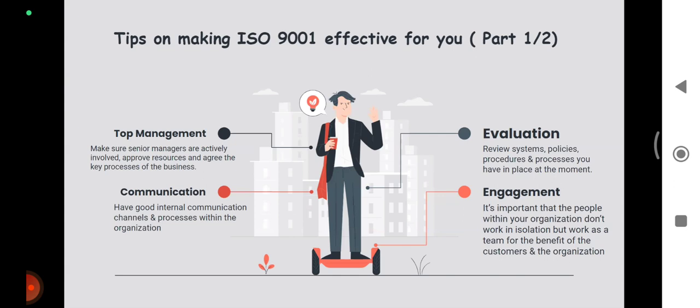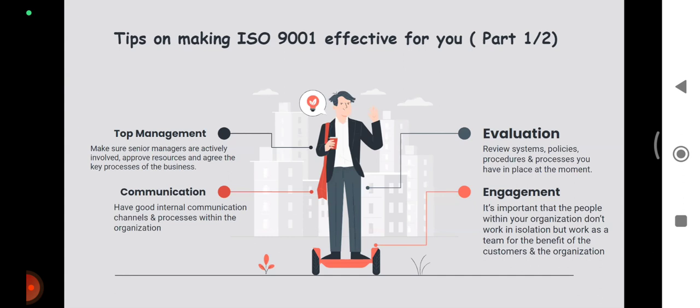You have to make sure that top management is actively involved, approves results, and agrees on the key processes that are intended to meet customer requirements. Engagement is also important. People within your organization should not work in isolation. They should understand how ISO 9001 has been implemented and what to do, and that is basically the documented information.